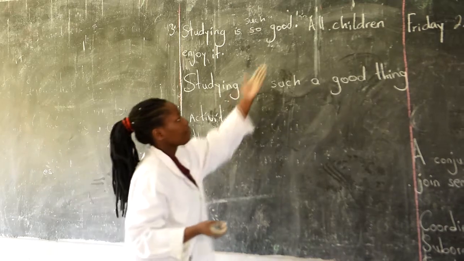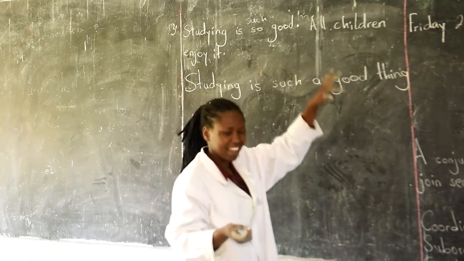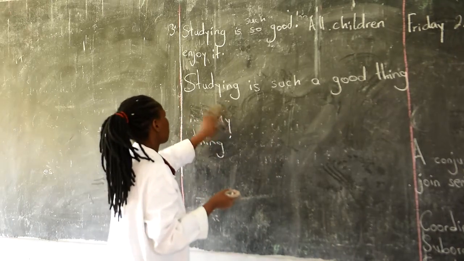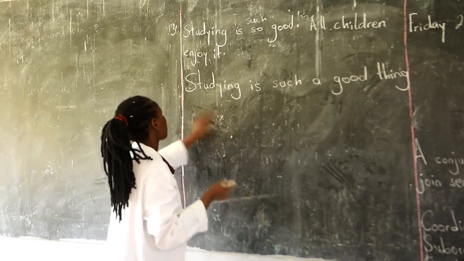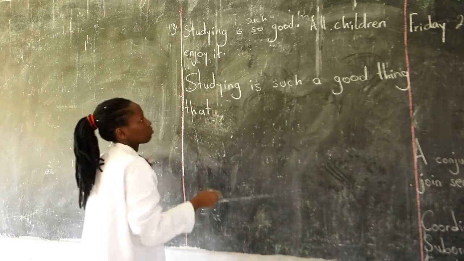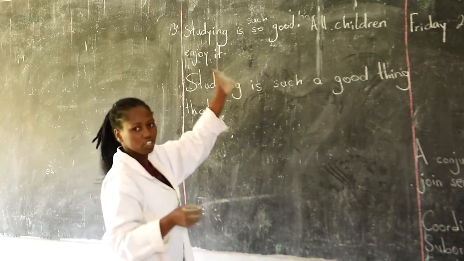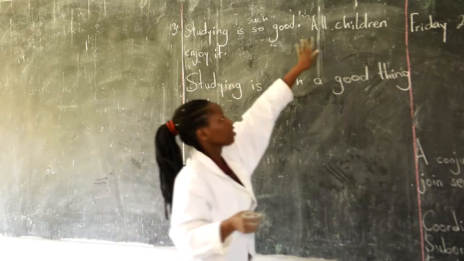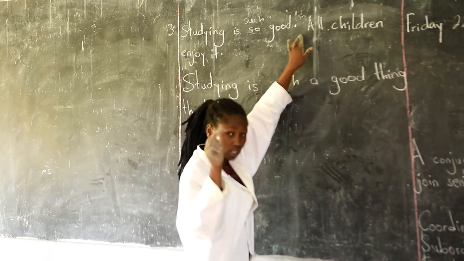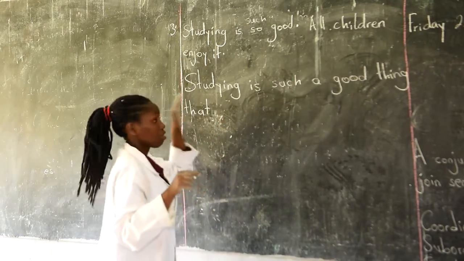Then after that you say, that is such a good thing that all children enjoy it. Here "all" is highlighted with a capital letter because we were starting a new sentence, but you have combined it.